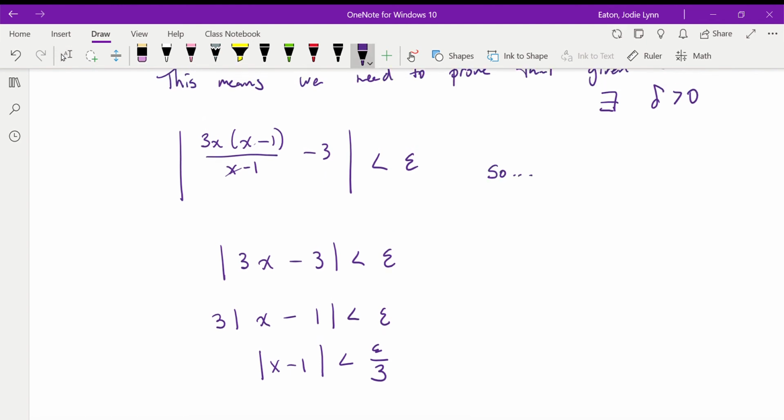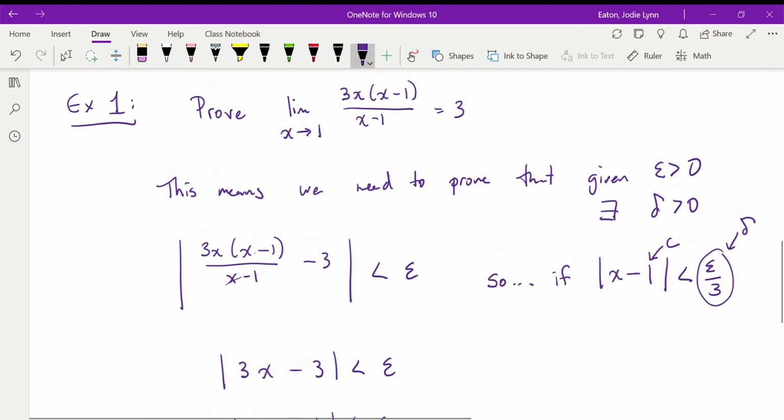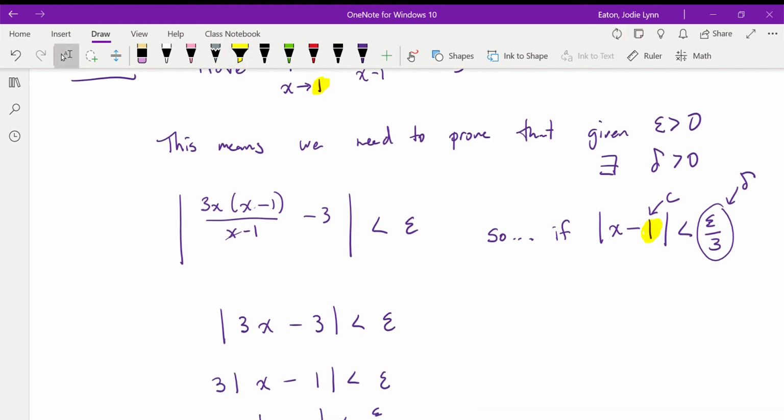We want to show that if the absolute value of x minus c is less than delta, where 1 is our c, so if the absolute value of x minus 1 is less than epsilon over 3, then this is our delta. 1 is our c because we are looking at the limit as x approaches 1.